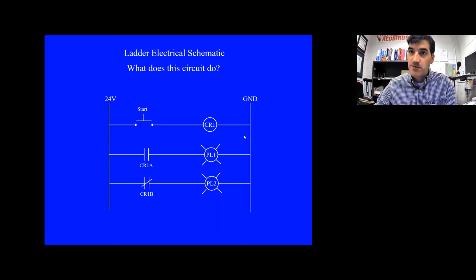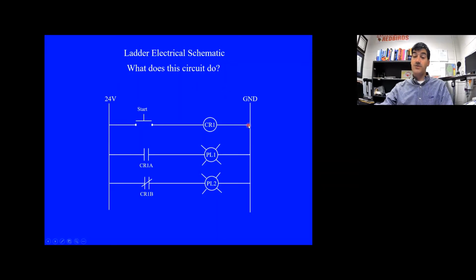All right, so the way this circuit works is we have a voltage supply over here applied to this rail, and then our ground is over here. So you might look at this and say, how is this a complete circuit? Well, it's not shown, but there's a voltage supply, say up here, and the positive side of the voltage supply is connected to this side, and the negative side is connected to this side.